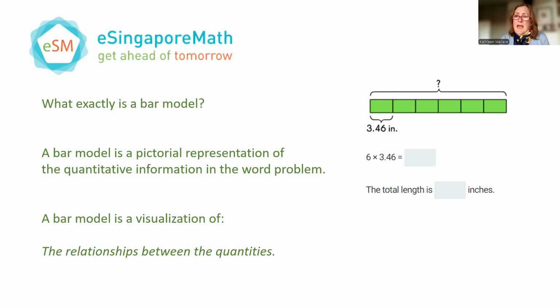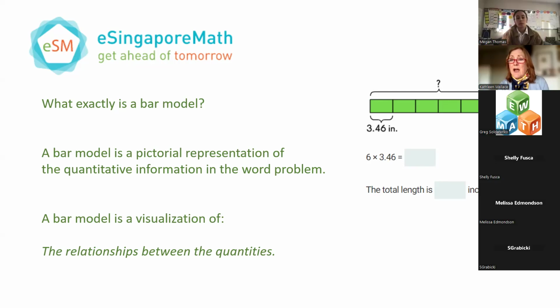If a student has been learning in a visual way, which is typical of our program in Singapore Math, we want them to tap into that visualization capacity that they have and use that to help them understand what's going on in the word problem.